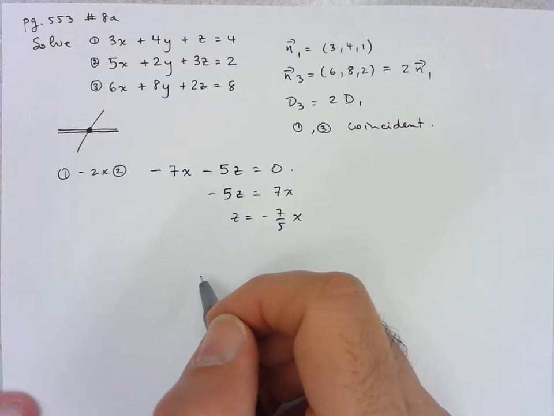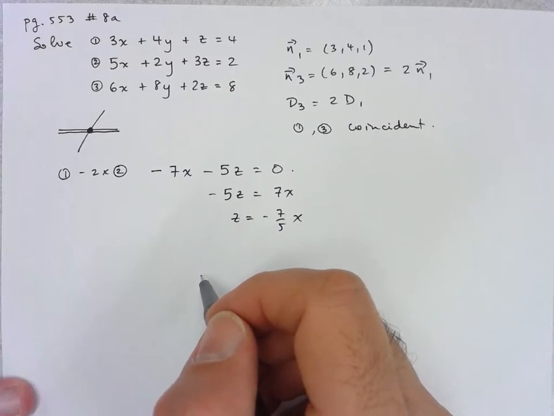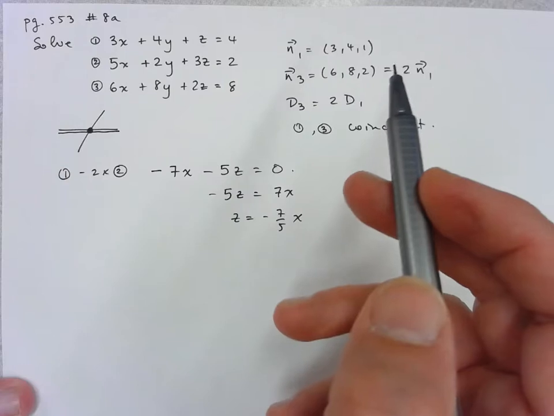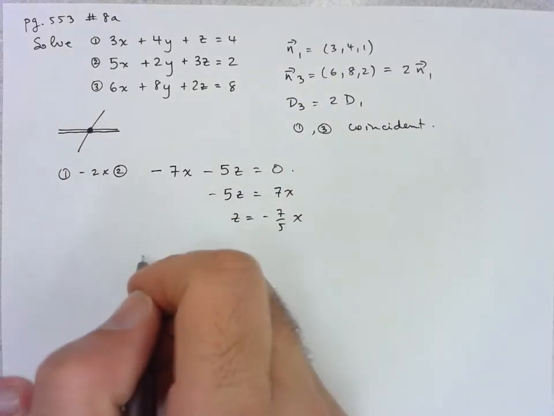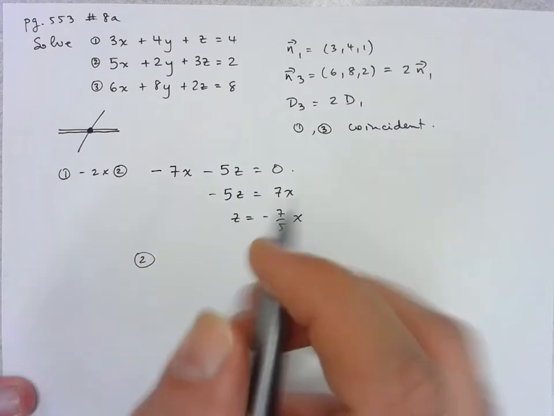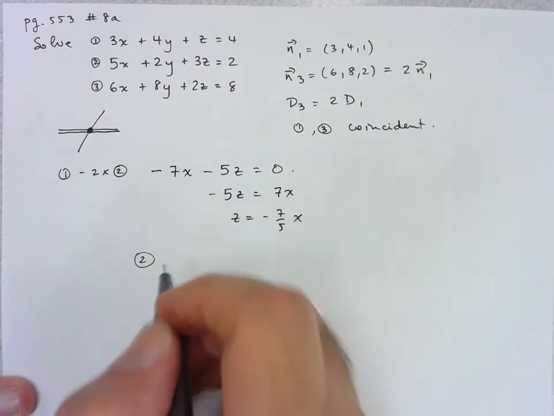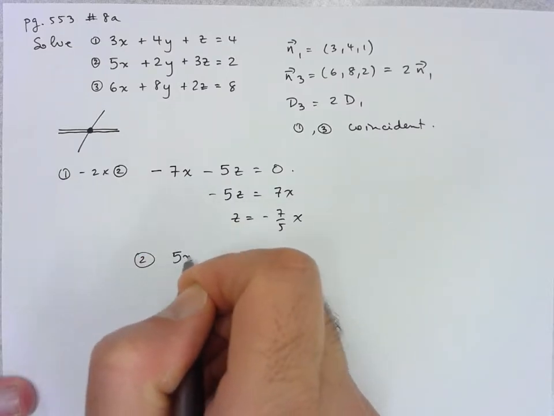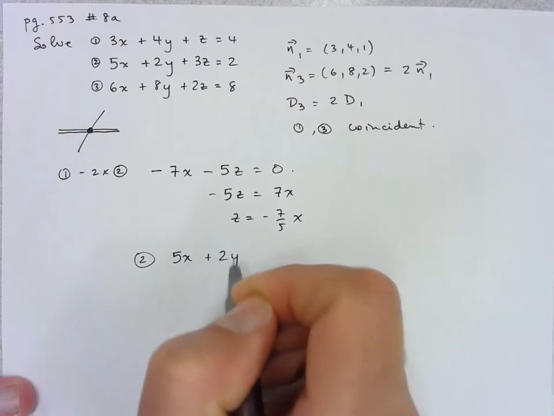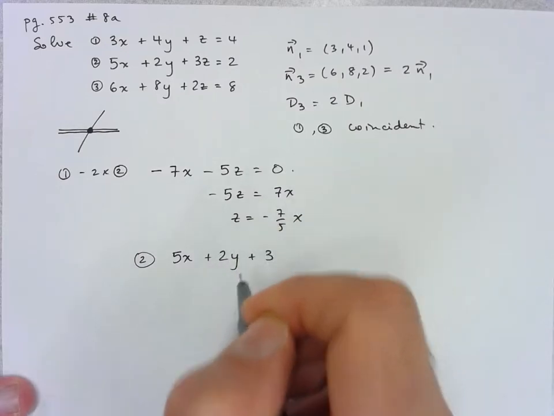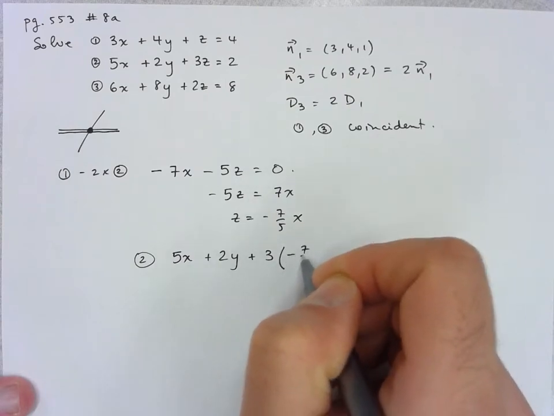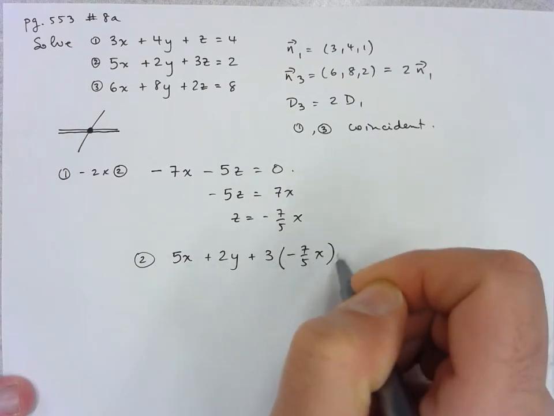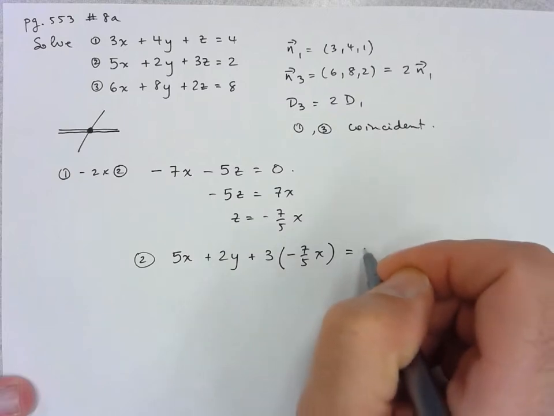I'm going to pick one of those two equations. I guess number 2 looks a little better. Either one's pretty ugly, so let's take equation 2. We have 5x plus 2y plus 3 times z, which is negative 7/5 x from before, is equal to 2.